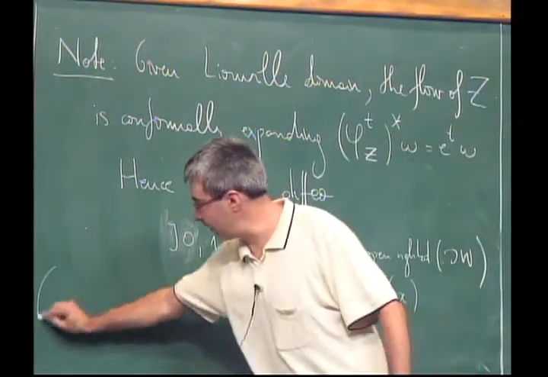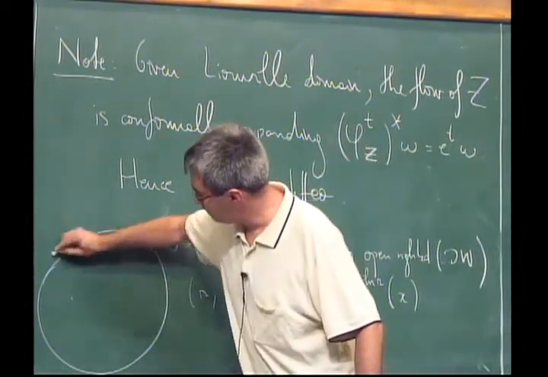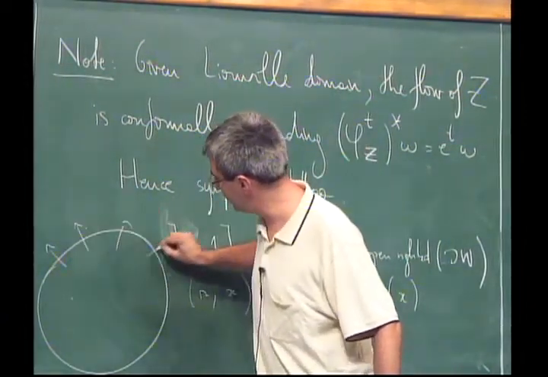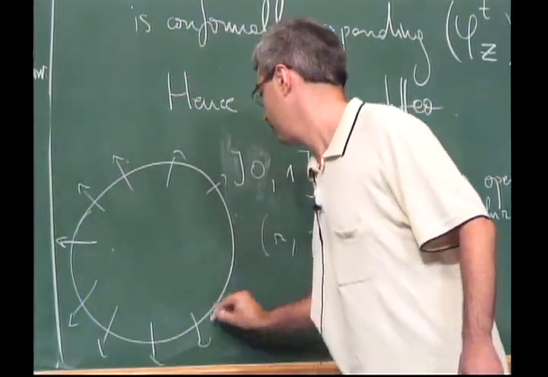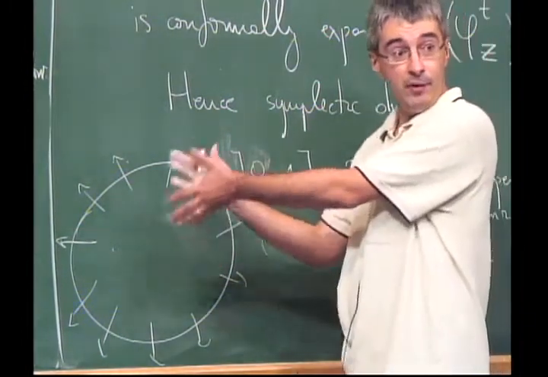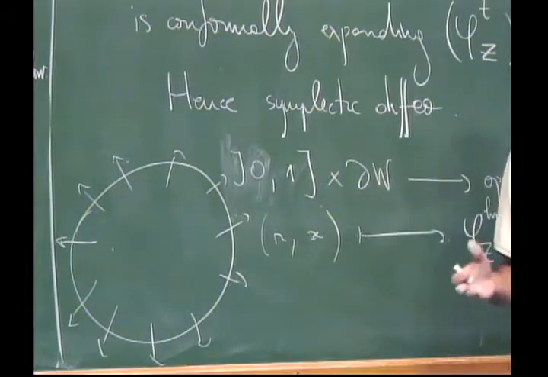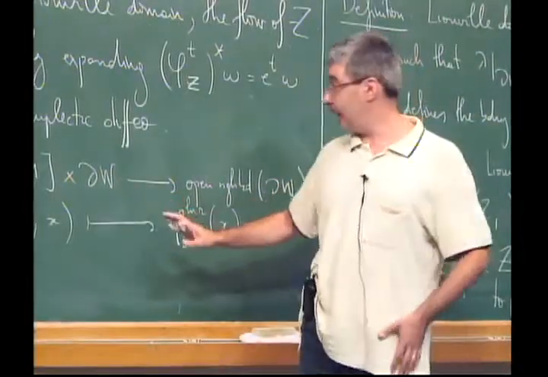So typically, this is my domain here, and the vector field points outwards. And since it points outwards everywhere along the boundary, it means that the flow is defined in arbitrary negative time.